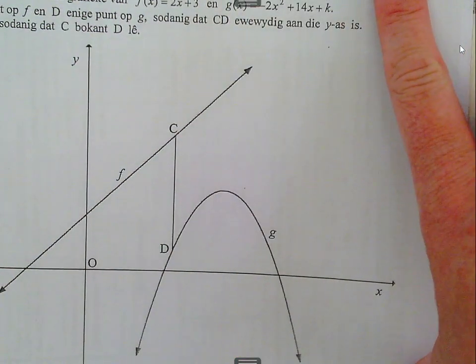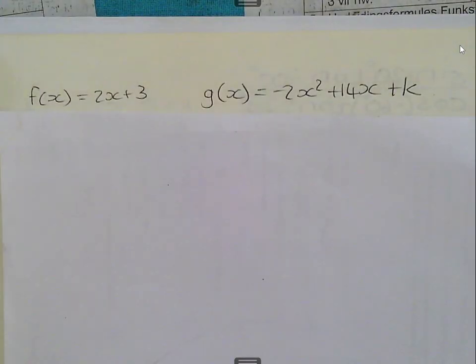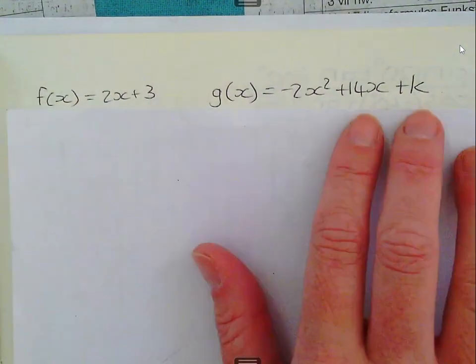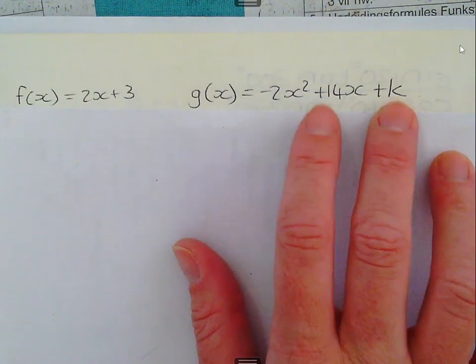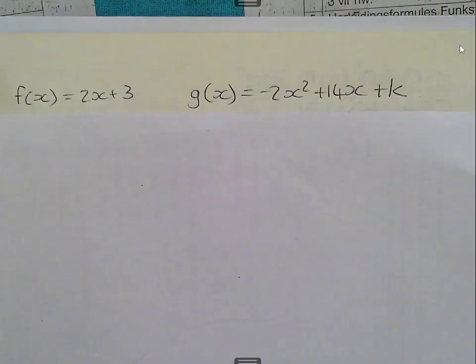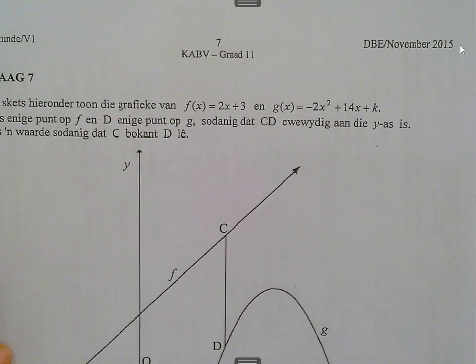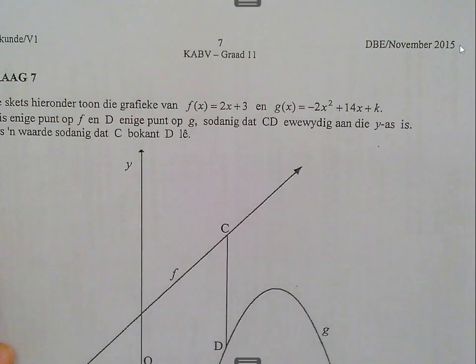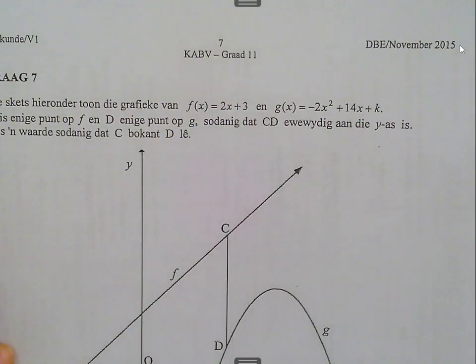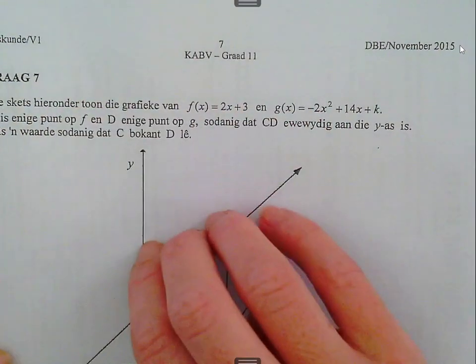There's a specific place where it will be the shortest it can be, and then it will be longer going on. Right, so the first question says, write down an equation or an expression in terms of x and k, because there's a k now, for the length of CD. Now the length of CD, we did it with the other ones. You're going to take the one equation minus the other equation. But with the other ones, the parabola was at the top, now the straight line is at the top.